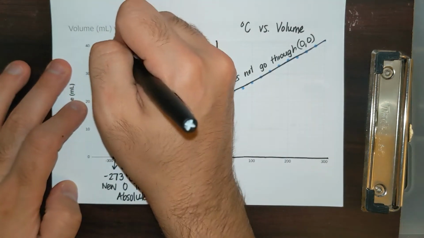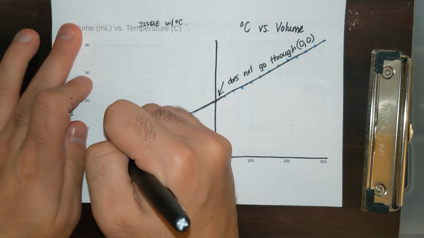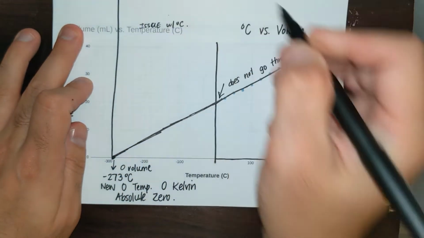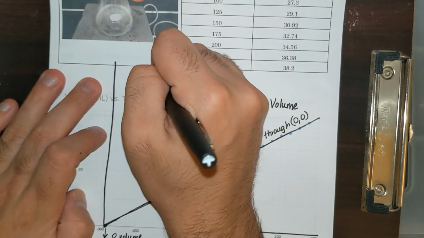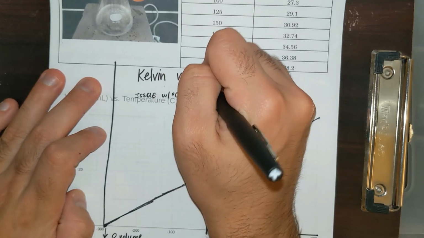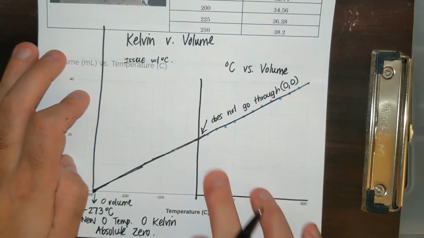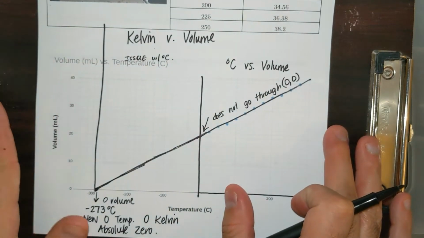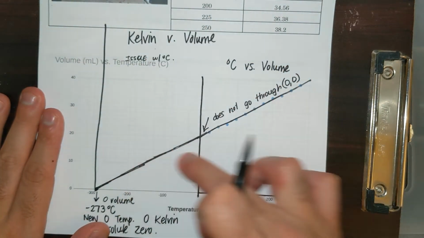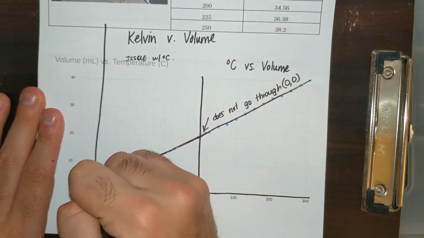Now, if I make this a little bit bigger, this is a graph of Kelvin versus volume. I made a smaller graph here, and it doesn't go through 0. When I zoomed in, I have the bigger graph, with a line that goes through 0, 0.